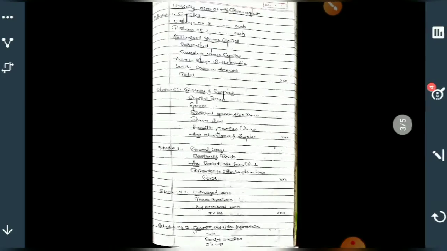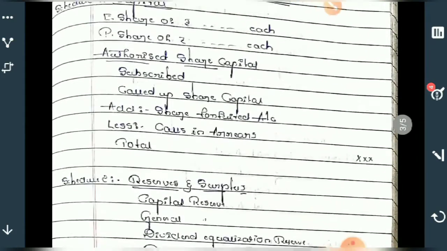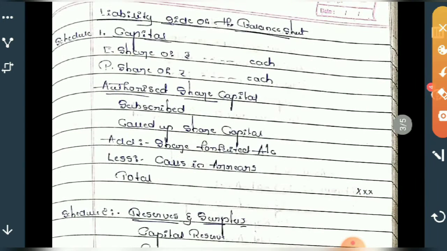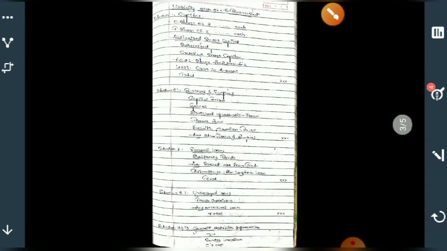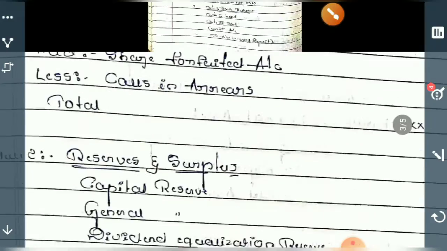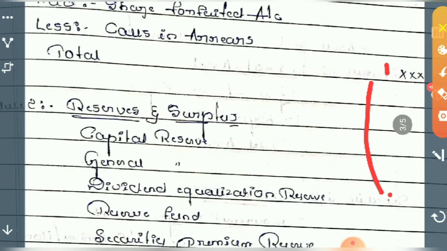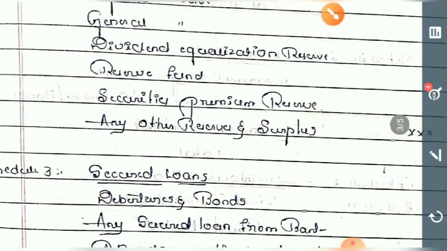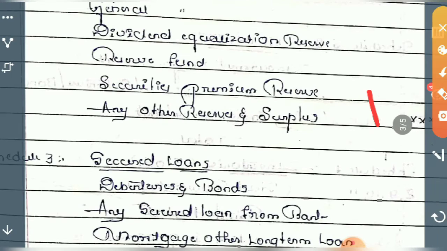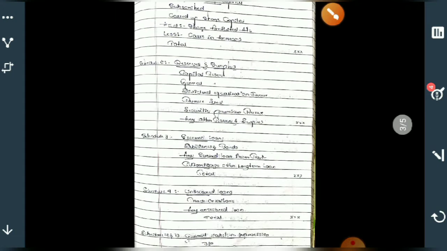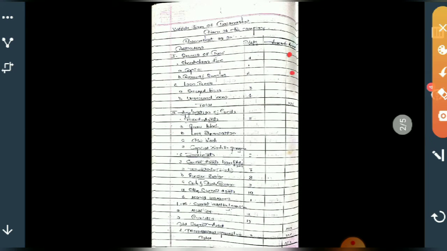After this, calculate one by one from the next page, like Schedule 1, Schedule 2. After finding each amount, this and this and this is to be taken to your main amount column here. Got it?